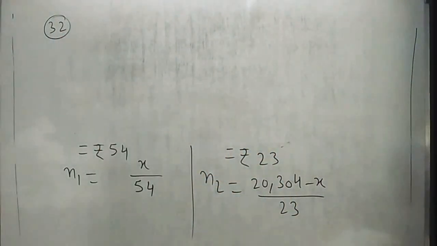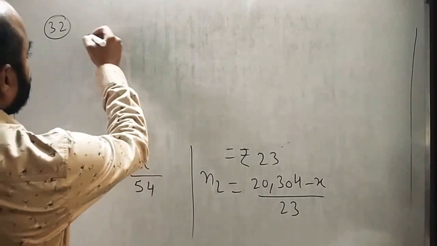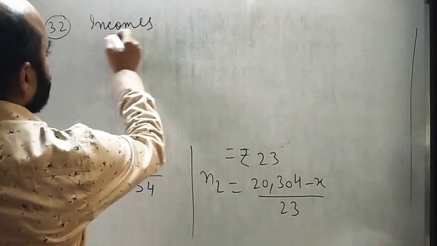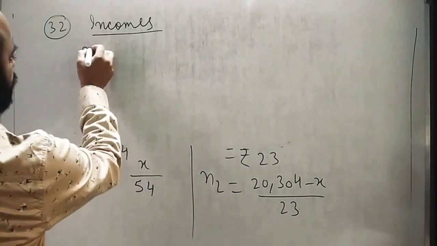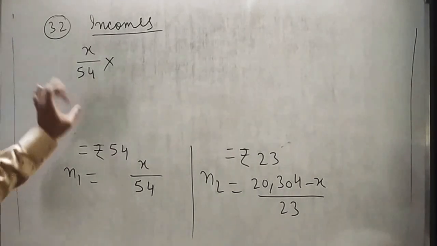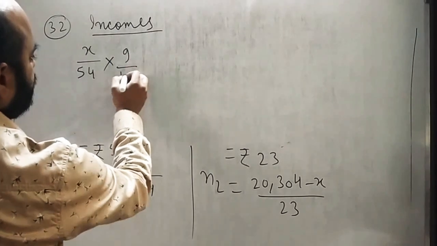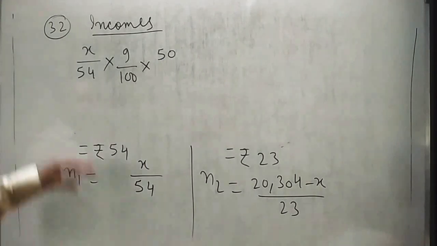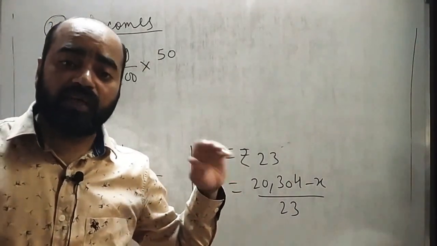So first case, 9% rupees 50 shares. So first income will be number of shares X upon 54. Next, 9% rupees 50 shares. It means 9% of face value, that is 50. Clear? We have to calculate both the incomes, and both the incomes are equal.